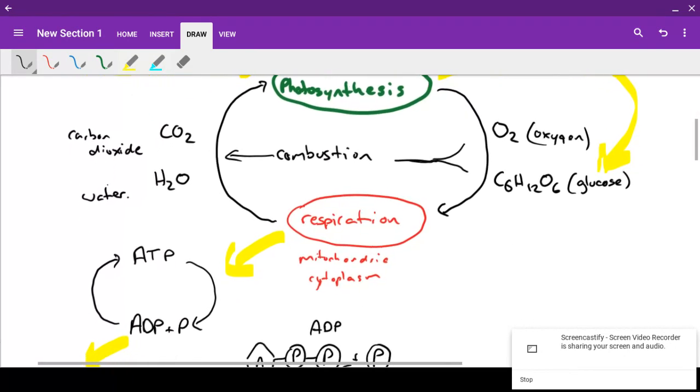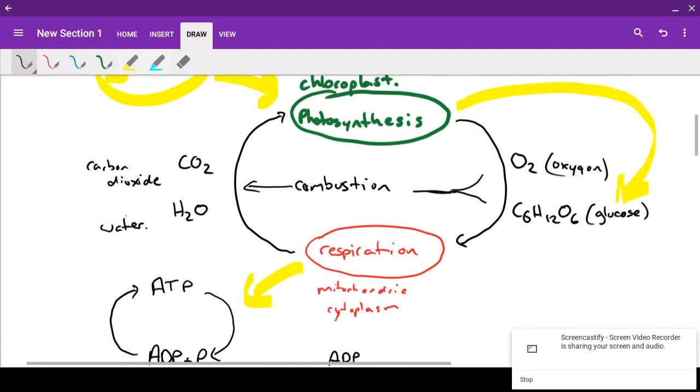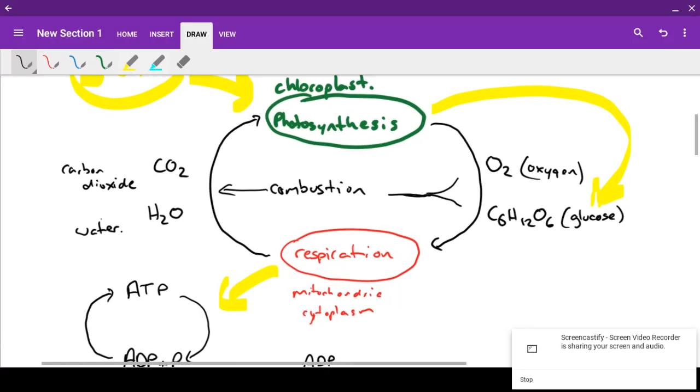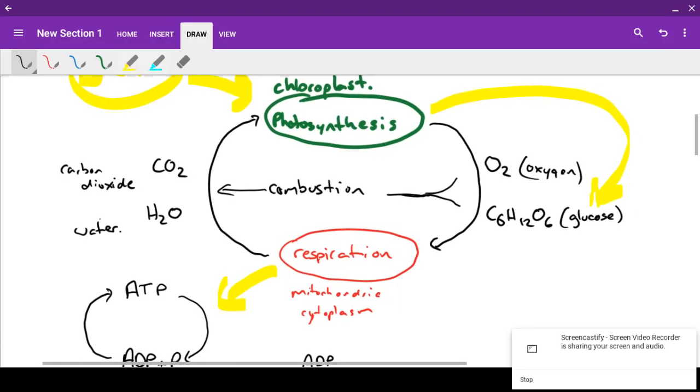And one of the things that's so cool about it is that you can take from the cycle and get the equations for photosynthesis and respiration from the cycle. So the equation for respiration is oxygen and C6H12O6 through respiration are converted into H2O and CO2.